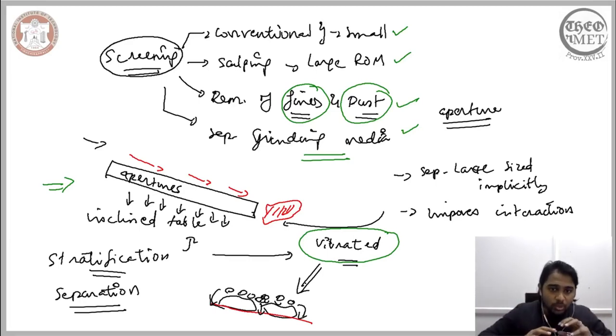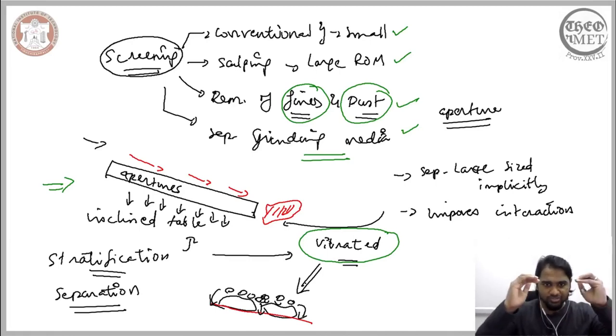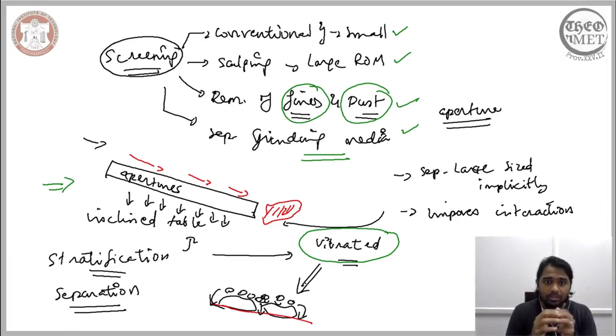We need to ensure that the interaction allows the particles with the lower size to reach the surface of the table, and even after reaching the surface, they are allowed to interact with the apertures and are able to pass through. So even though we can generalize the overall operation of the screening, we cannot definitively assert that all the particles that are less than the size of the apertures will go through. Therefore, the whole process of screening is probabilistic.